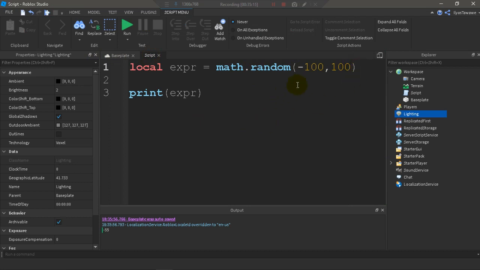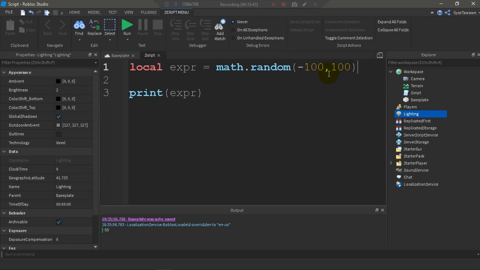Now, I actually want to tell you something. This math.random returns an integer value, not a decimal value, between the minimum and the maximum value that you're giving it. It gets two parameters and gives you a random integer, not a decimal or real number.